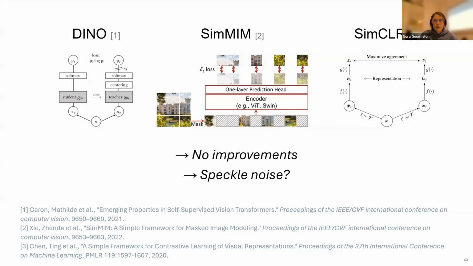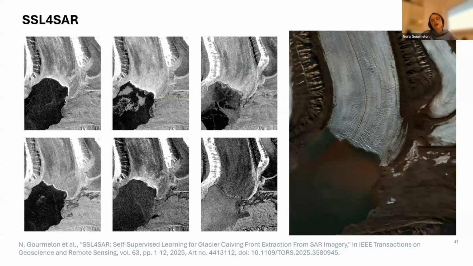And I hypothesized that this might be due to the speckle noise that we have in our images. For example, for SimMIM, you need to reconstruct parts of the image, and with the speckle noise, that's kind of hard to reconstruct. So I came up with a new idea. For each of the glaciers in the dataset, I also use one optical image.